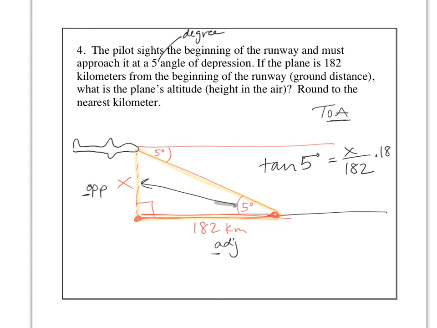All I have to do is multiply by 182 because that's on the bottom of the fraction. And now I can type it in my calculator. Okay, so when I type that in, x turns out to be about 15.92 kilometers. That's how high up it is. But it says round to the nearest kilometer, so I guess I would say it's approximately 16 kilometers.